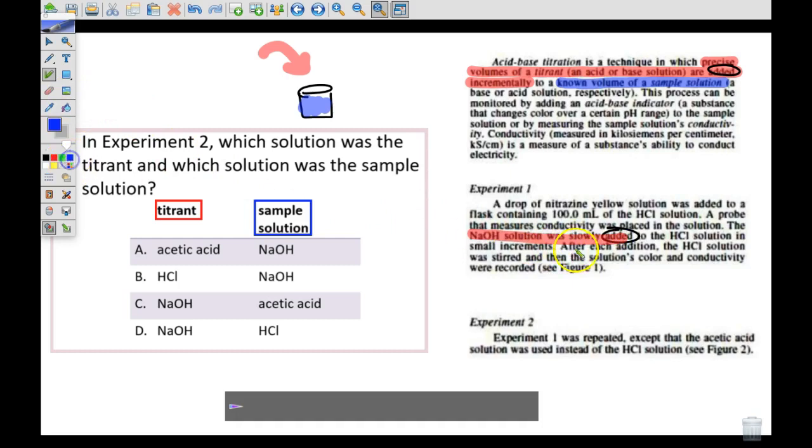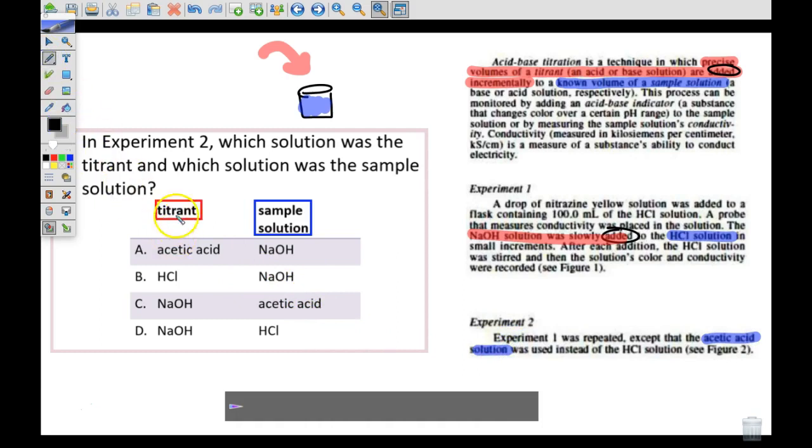And in experiment 1, the HCl solution is my known solution or my sample solution. In experiment 2, it tells us that experiment 1 was repeated, which is why it was important to go back to experiment 1. The difference was that acetic acid or vinegar was used instead of hydrochloric acid. So because hydrochloric acid was our sample solution, that implies the acetic acid was also our sample solution.